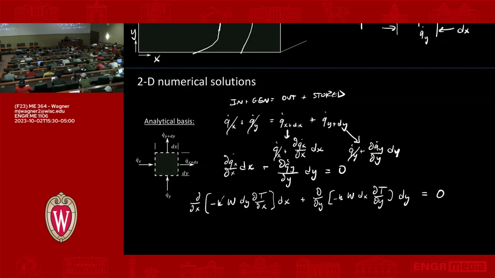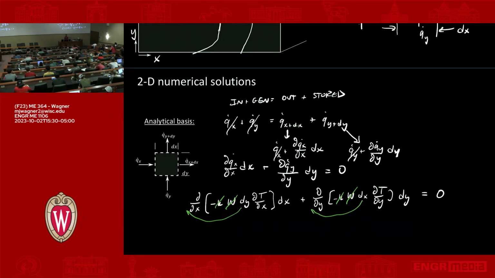So fortunately, there's some stuff we can do to make it a little bit simpler. So minus k cancels out. W cancels out. What about the dy and dx now? Is dy functionally dependent on the partial with respect to x? No. So it's constant with respect to that partial, meaning it can come out. So dy can actually come out. Same with dx, it can come out.